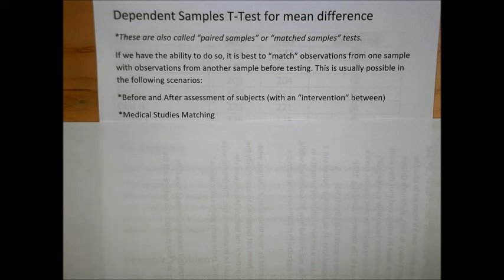If we match people based on such things, then the two people may not be the same person, but they're very similar people, and now we can give one of them a drug and one of them a placebo. In this way, we can create two samples that are very much dependent on one another, and I'll show you how to do the hypothesis test to find differences between the two samples.